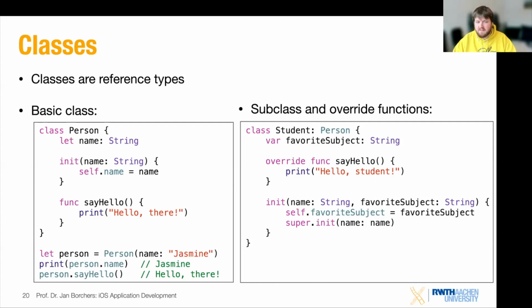And so that is essentially the difference between structs and classes. With only one slide, we've now also introduced classes, and that is enough for now. So for classes and structs, just keep in mind that classes are reference types, and there you can have inheritance.